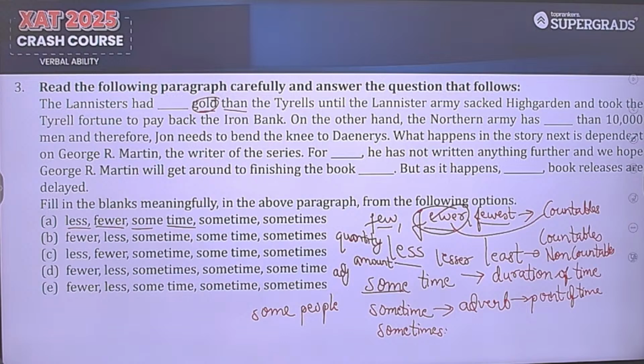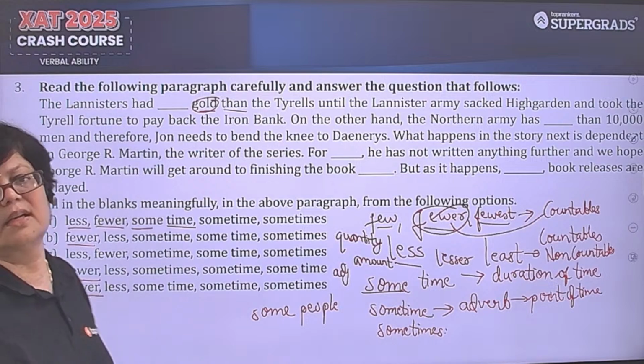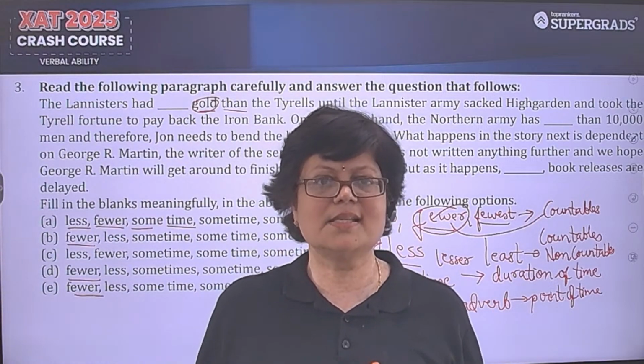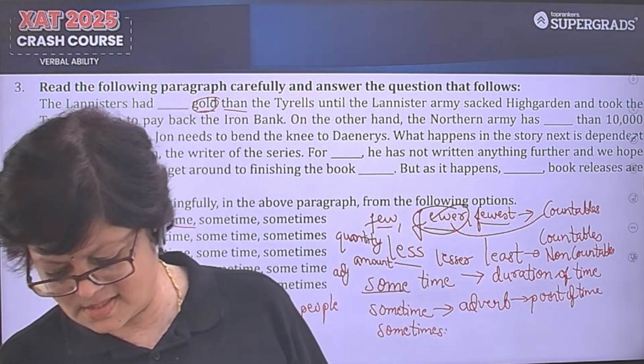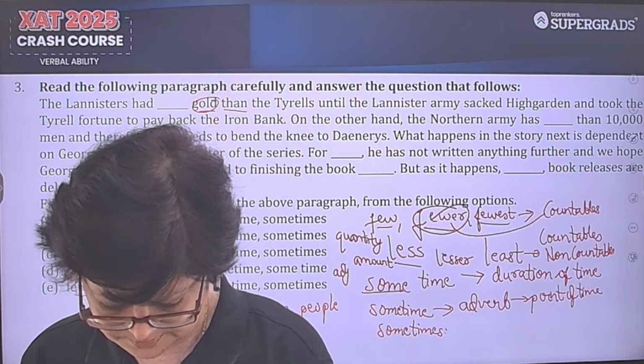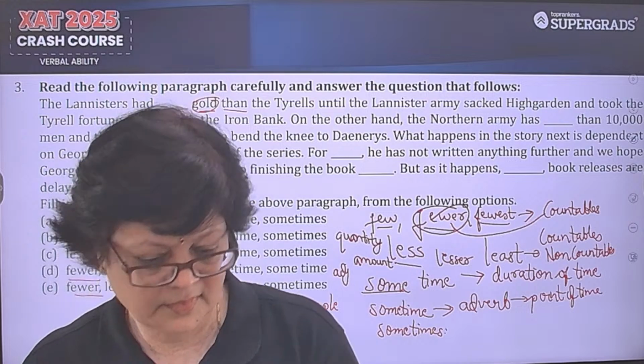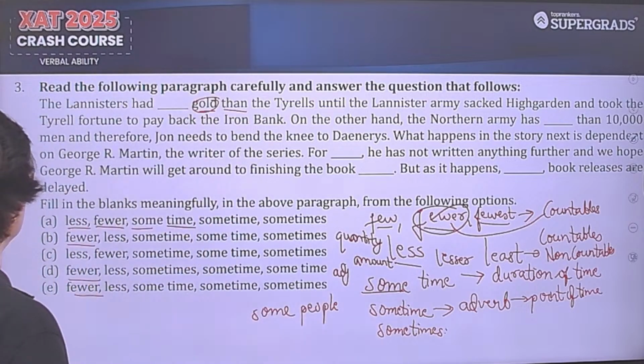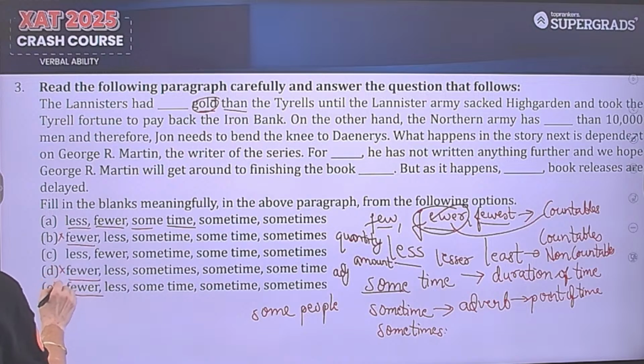Okay. Fewer. So here you find in option B, fewer, option D, option E. So can you easily eliminate these? Can you look at these small differences? You can easily eliminate, I'm very sure. Right? You can eliminate B, you can eliminate D and E. Why?